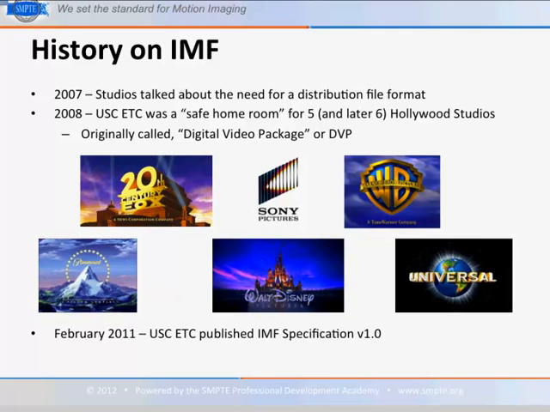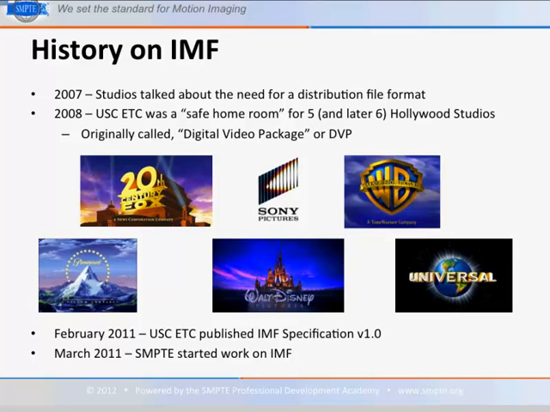In February 2011, the USC ETC published the first version 1.0 specification for IMF. That was the culmination of the work that all the 6 studios had done together. And then in March of 2011, SMPTE started work on the actual IMF format.